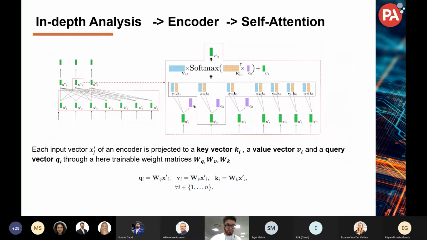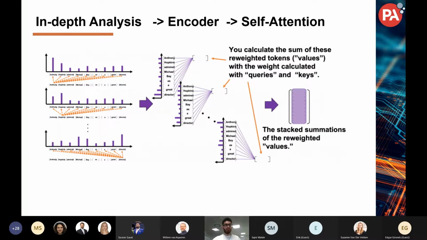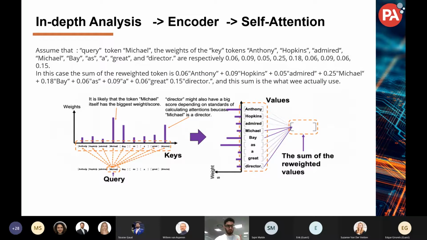After we do everything, we get a summation of all these x_j, the output of the encoder. It's very important to understand this concept, and feel free to ask me all the questions because there are no silly questions. There are three concepts to remember: the query, the keys, and the values. We use the query and the keys to update the values of the words.